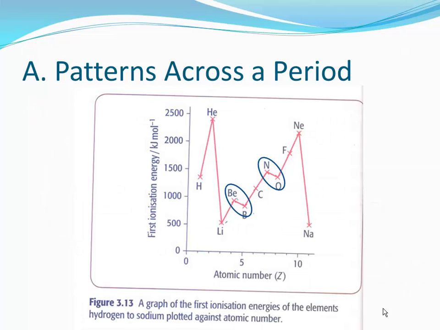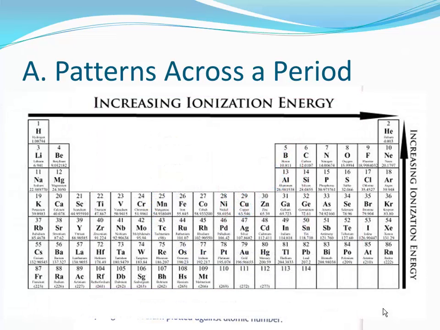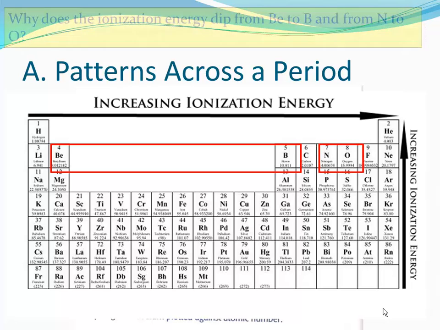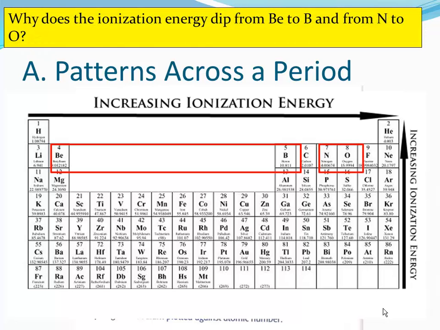Alright, the dip between beryllium and boron, and nitrogen and oxygen. We talked about this on Tuesday, that the electrons and the orbitals are specific to this dip. So why does the ionization energy dip between these elements?